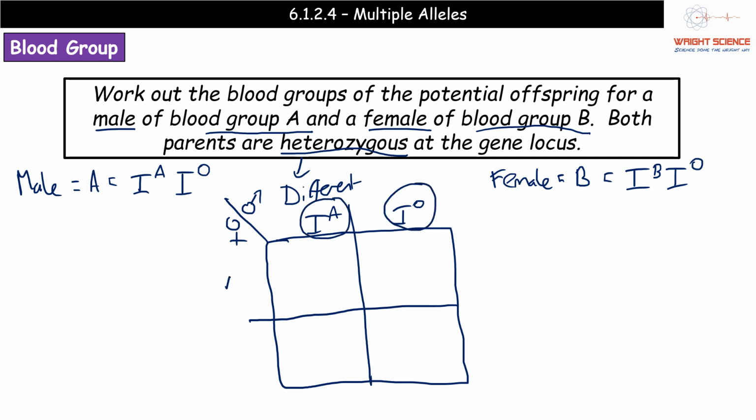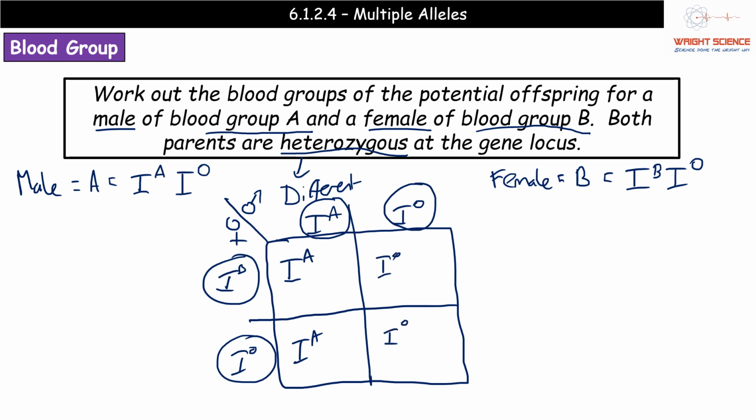And then the female is IB and IO. So then we just do the standard Punnett square, whatever is at the top, we stick in the two boxes beneath. So these two are going to be IOs. Whatever is on the left, stick in the two boxes to the right. So these two would be IBs, and at the bottom we'd have IOs.